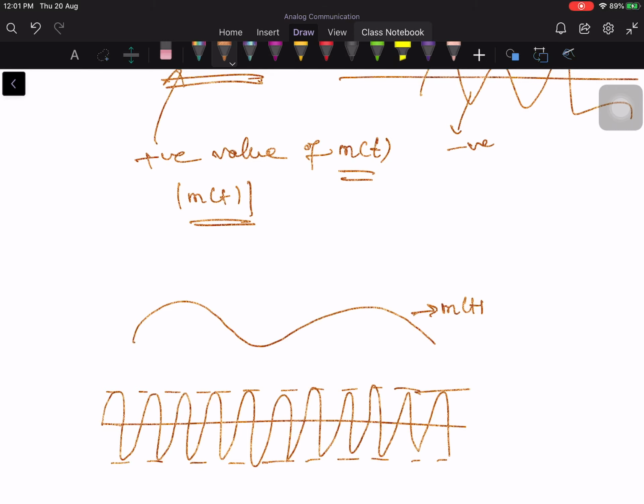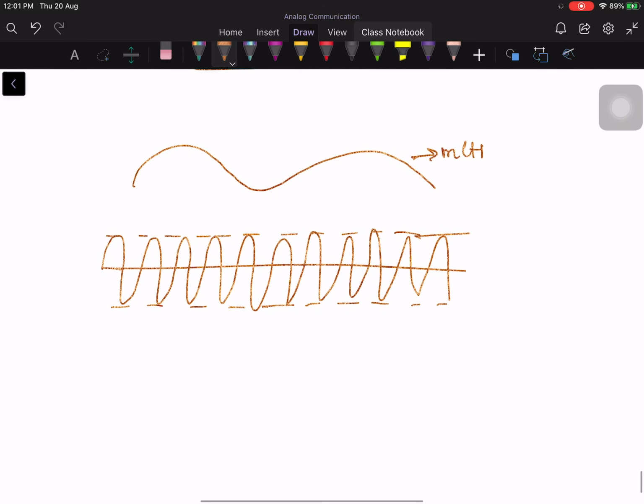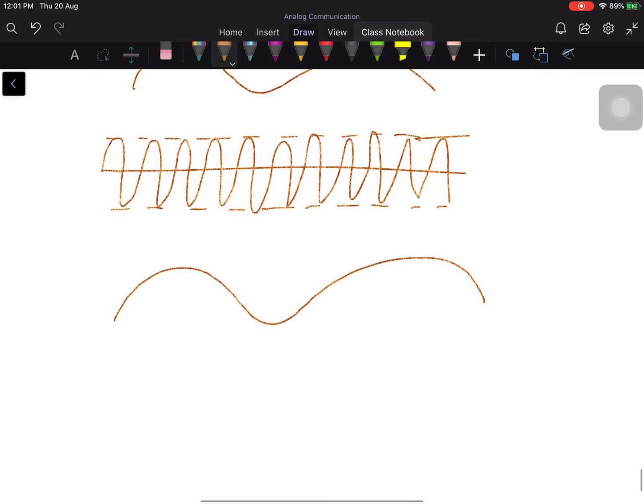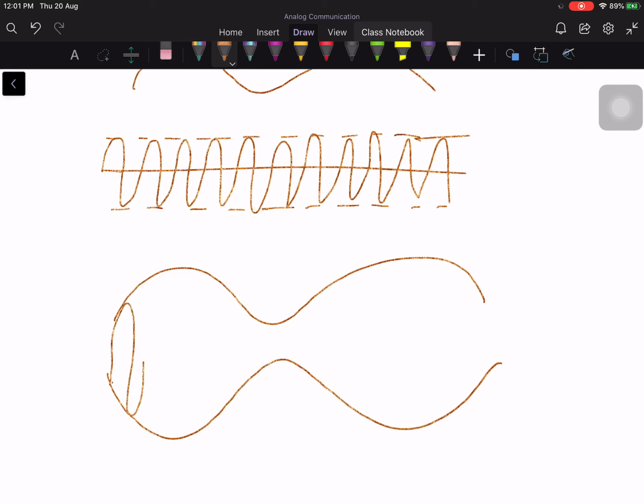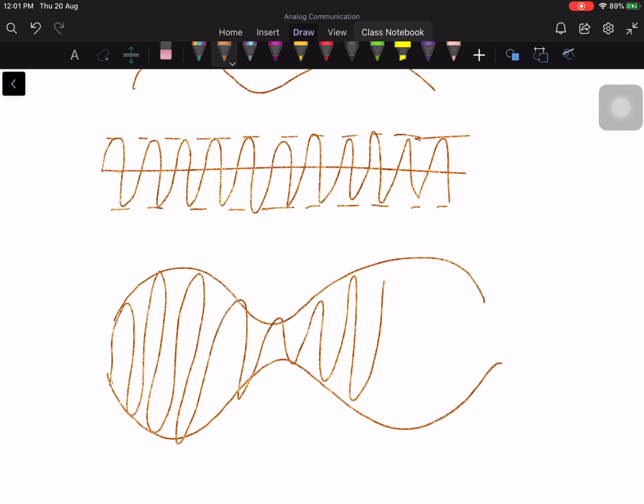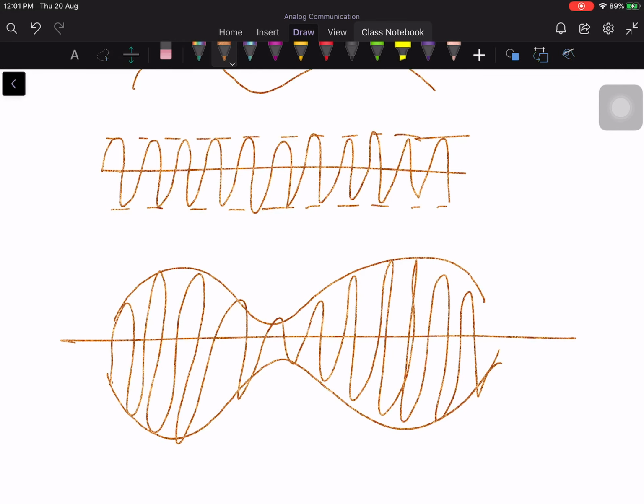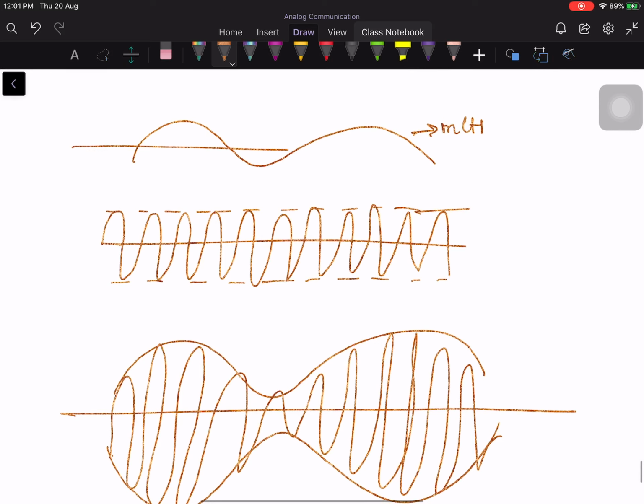Then if you multiply these two, it looks like this. So, it oscillates between like this. Now, this is a zero crossing line and this is zero crossing line. You have negative component in original m of t and this is your c of t.